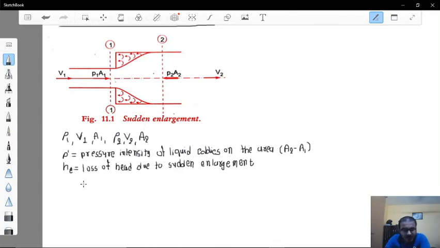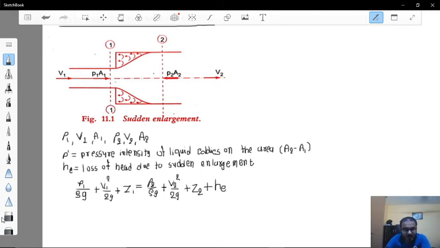Now applying the Bernoulli's equation, P1 upon rho g plus V1 square upon 2g plus Z1 is equal to P2 upon rho g plus V2 square upon 2g plus Z2 plus he.